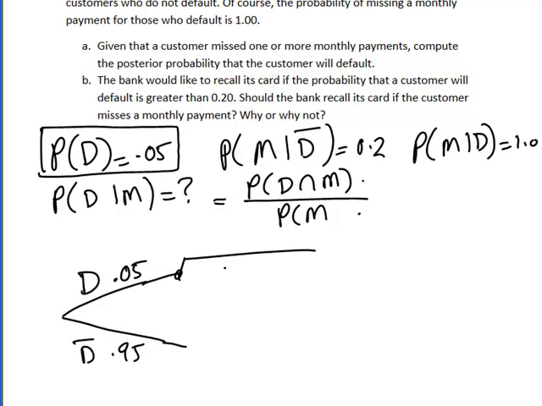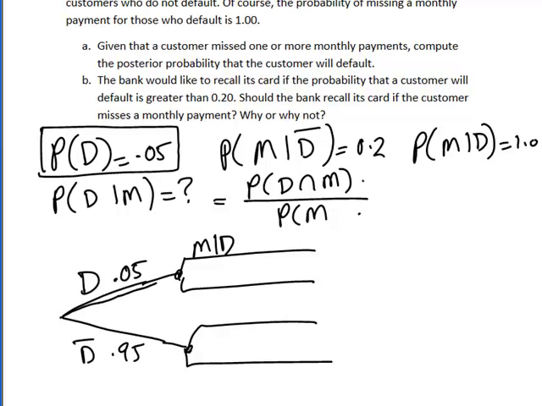We also know the probabilities of M given D. Given that somebody has defaulted, the probability of missing a payment we know is 1. And the probability of not missing a payment, again given default, would have to be 0.